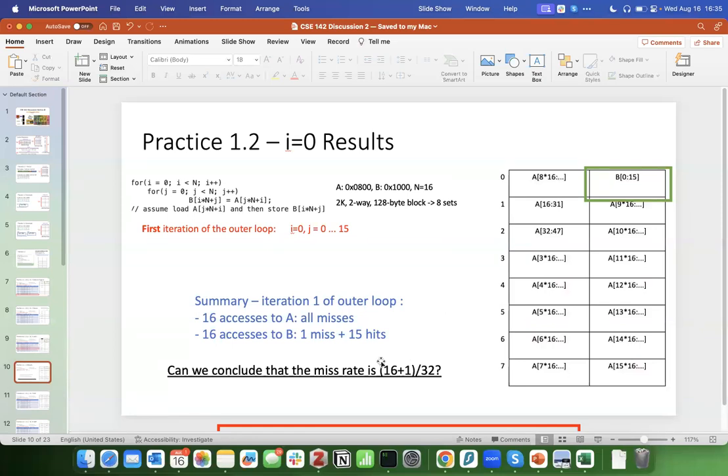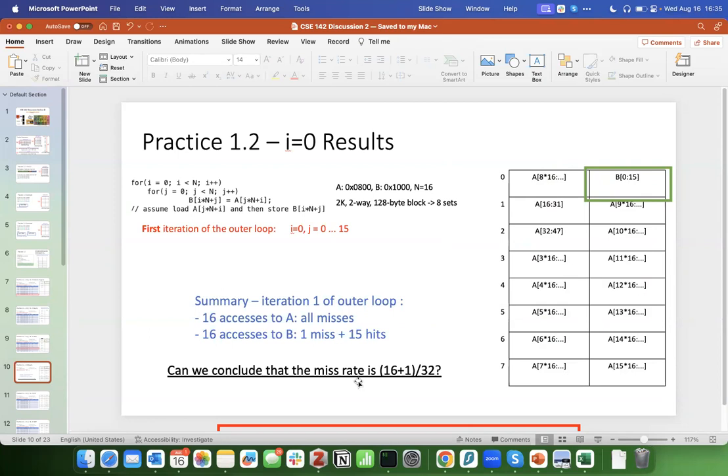So can I conclude that my miss rate is this number? Well, it's a little bit stupid for me to ask this question because if the answer is yes, I wouldn't put it over here. Right? The answer is, of course, no. And that's because, at the beginning of the first iteration of the outer loop, the cache was empty, right?